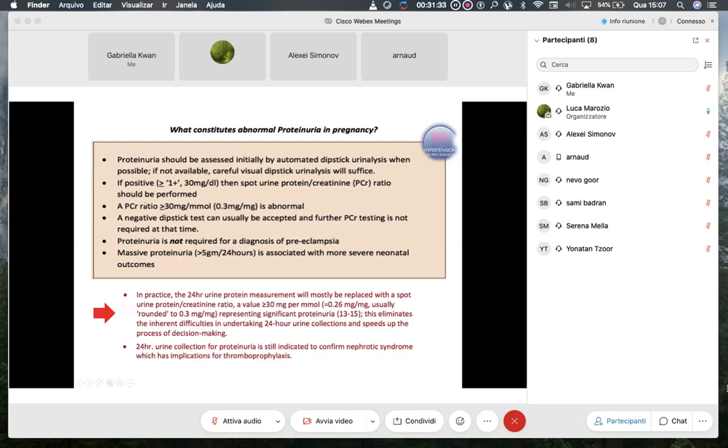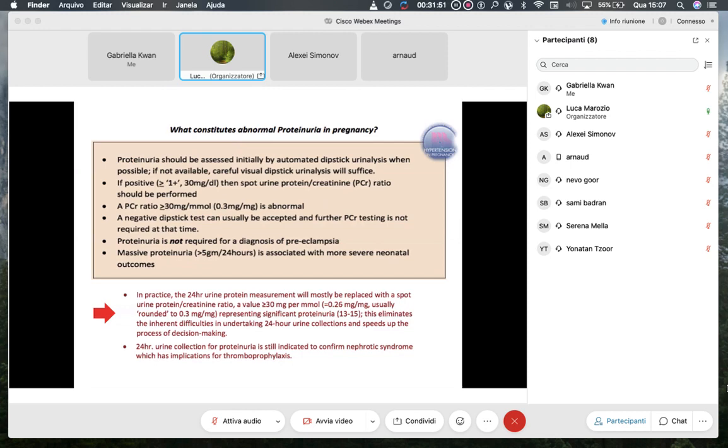This is the cutoff value of this protein creatinine ratio. If the dipstick is negative, it remains negative. We don't need to do further examination.